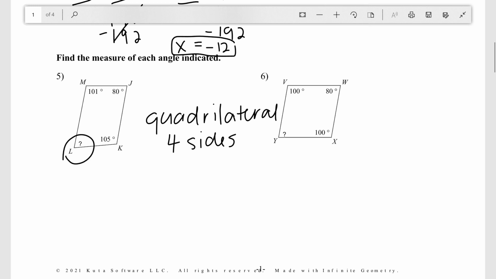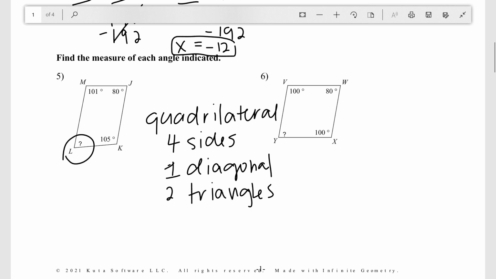In class, we came up with finding how many total degrees of the interior angles polygons have. If it has 4 sides, we would create a singular diagonal. And with that one diagonal, our quadrilateral would be split up into 2 triangles.